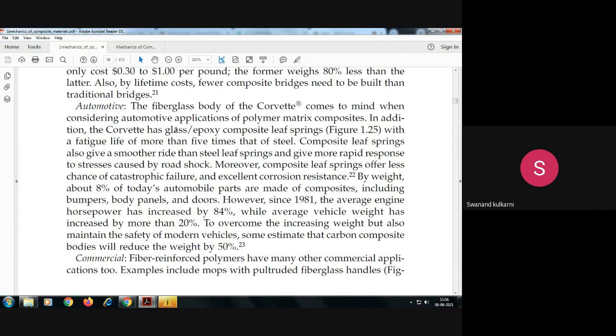In 1981, whatever the bikes were available, now their weight has been tremendously reduced. Near about 50% of the weight of a modern vehicle has been reduced due to the use of carbon composite bodies. Means here is one of the more different applications in the automotive sector, that bodies of carbon composites are also used in automotive applications.